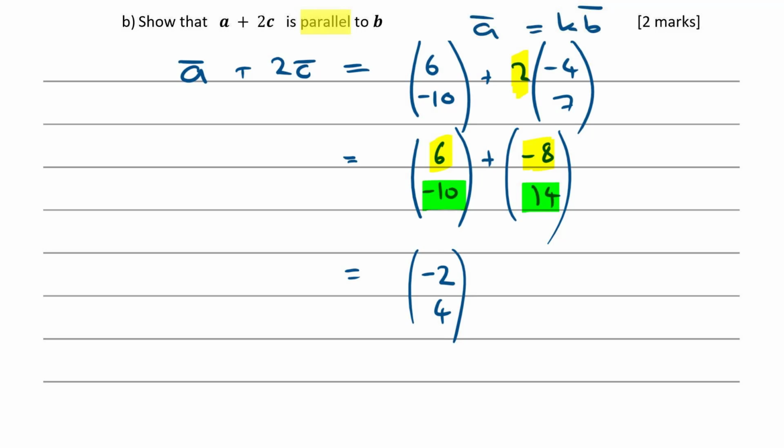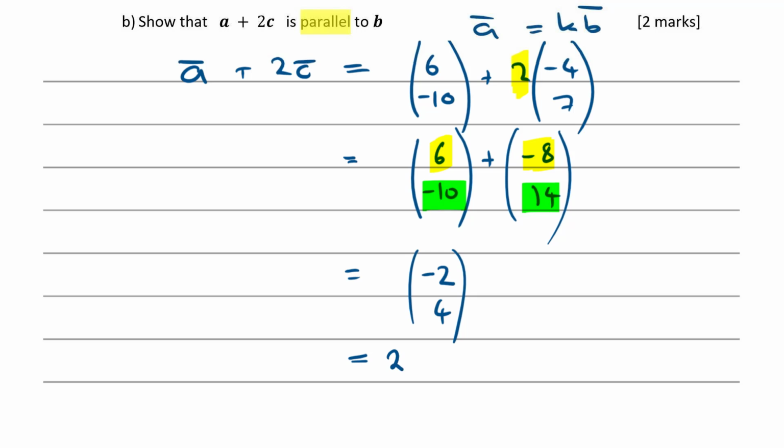Now I need to show that -2, 4 is a multiple of vector B. Vector B was the vector -1, 2. You'll notice that negative 2 and 4 both have 2 as a factor, so I can factorize out 2 and write it as a scalar of that vector instead.